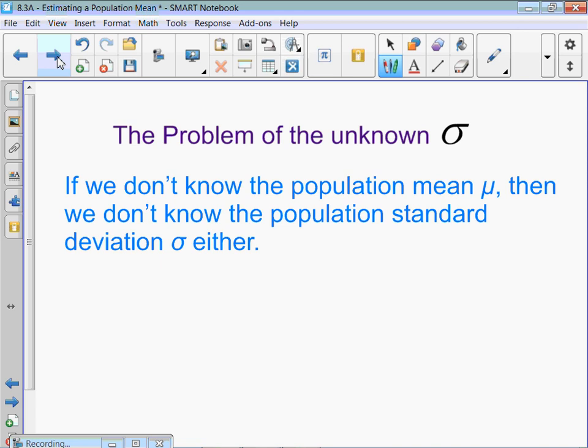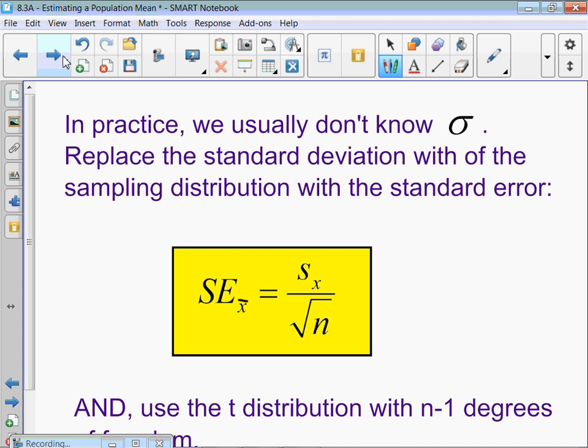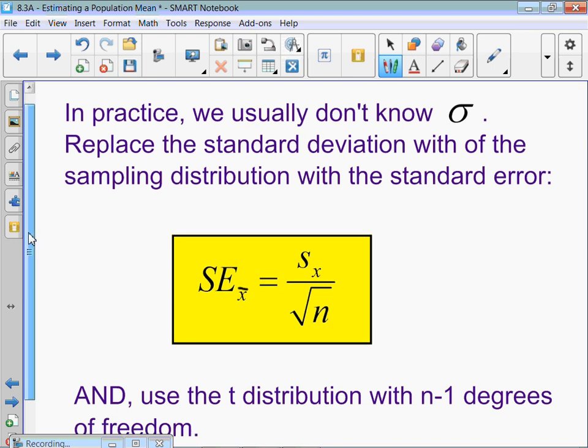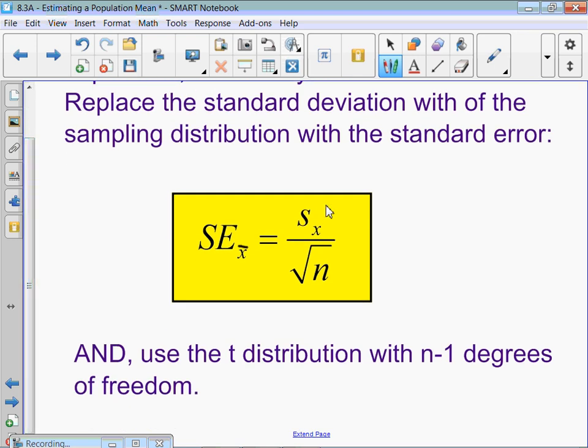So again, the problem of the unknown sigma. If we don't know the population mean mu, then we don't know the population standard deviation either. So what do we do? We use what's called the standard error of x bar. So we replace the standard deviation with s sub x. So instead of sigma, we use s sub x. What is s sub x?